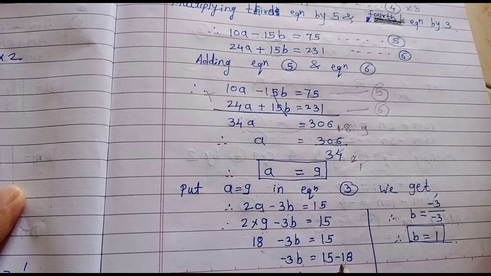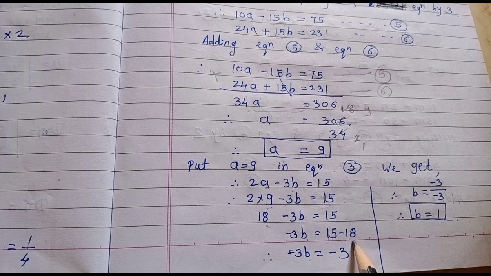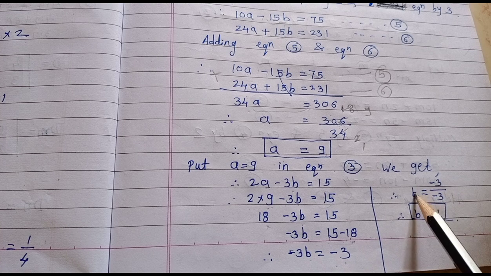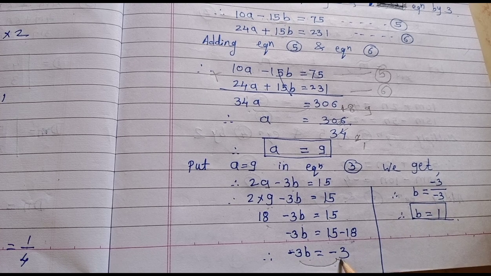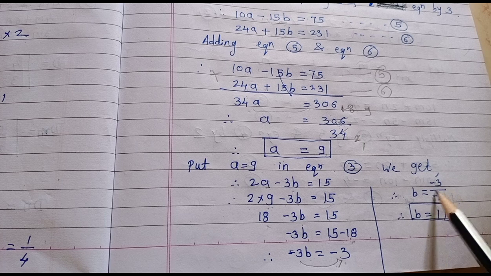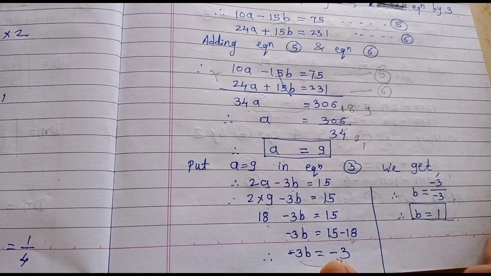Plus 18 becomes minus, then minus 3b is equal to 15 minus 18. Your answer is minus 3, because here smaller minus bigger, so the bigger number's sign, minus 3. This minus 3 multiplied becomes divided, therefore b is equal to minus 3 upon minus 3. Minus minus is plus, 3 1s are 3, 3 1s are 3. b is equal to 1, and you know a is equal to 9.